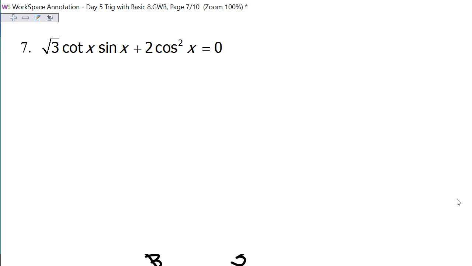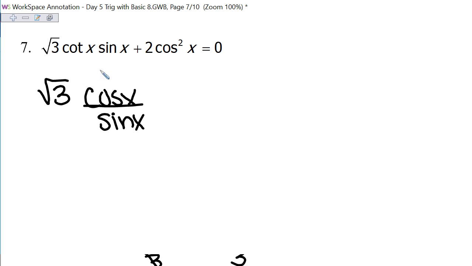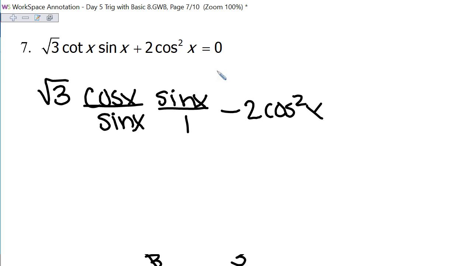Yeah, let's change cotangent to cosine over sine. So this would be square root of 3. Instead of cotangent of x, we'll change that to cosine of x over sine of x. Sine of x, I'll put that over 1, minus 2, cosine squared of x is equal to 0.